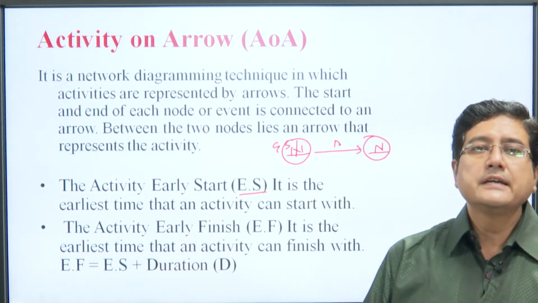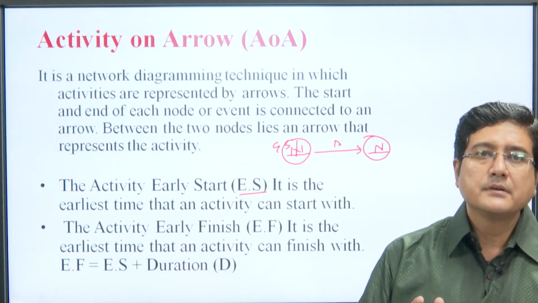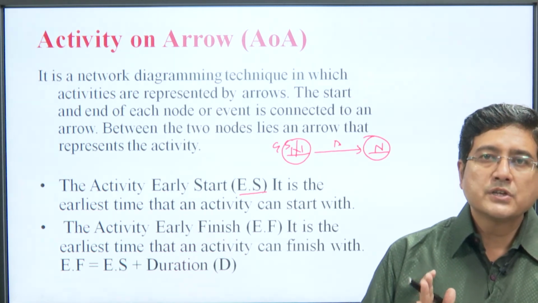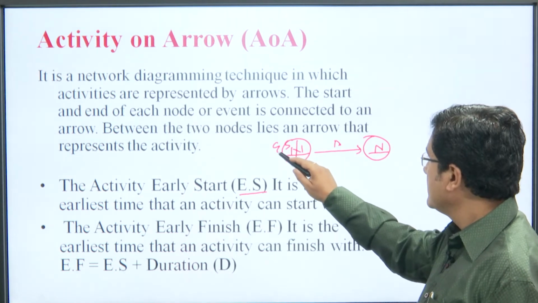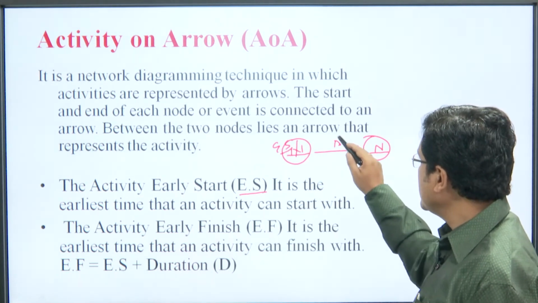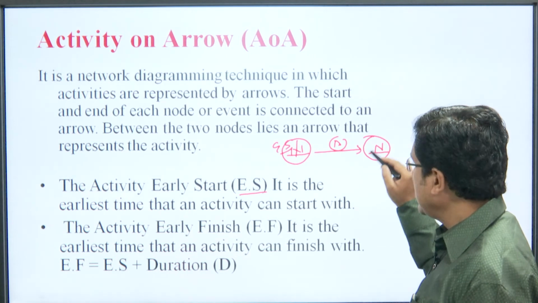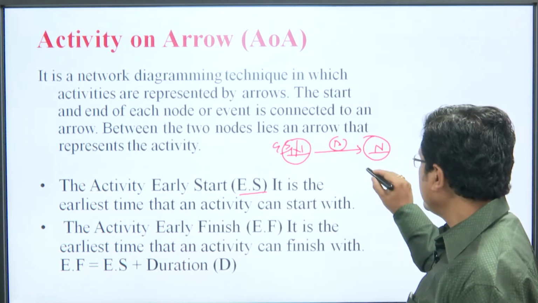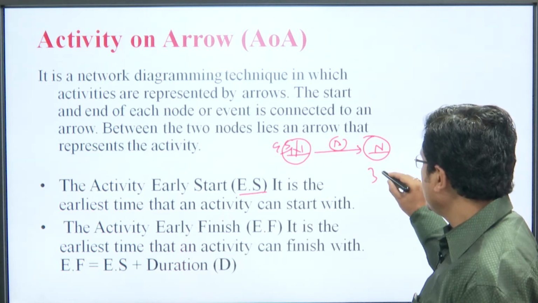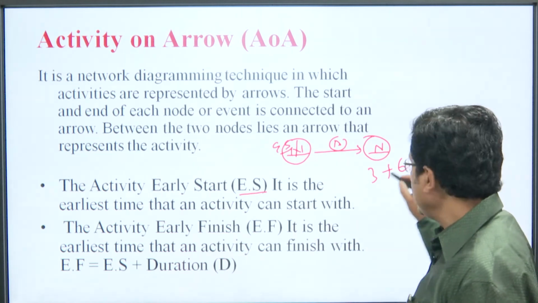Early finish is the early start plus the duration of the activity. For example, if it starts at 3 and takes 6 hours of duration, then the finish time is 9.